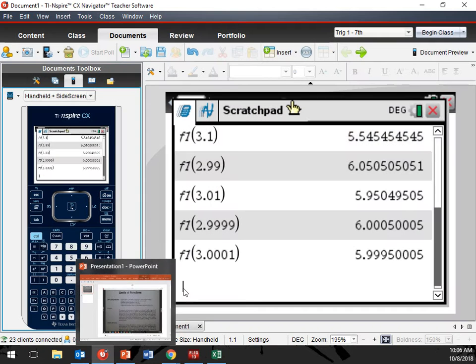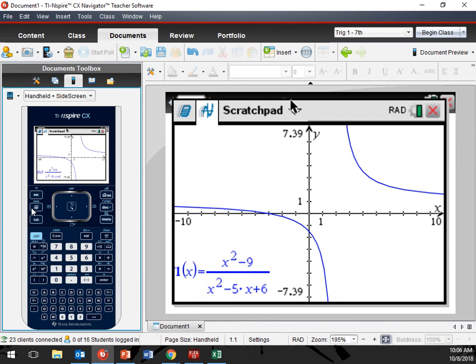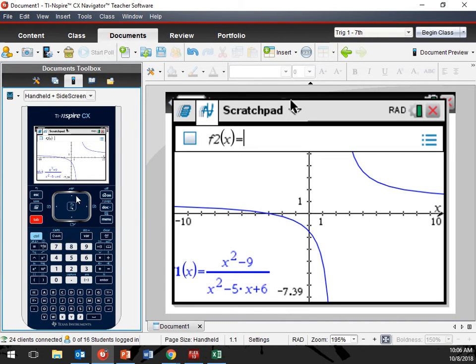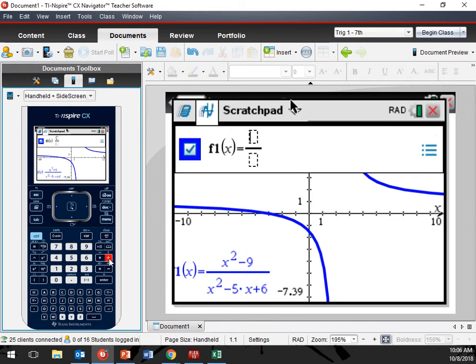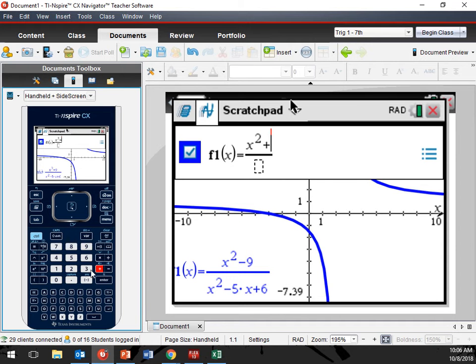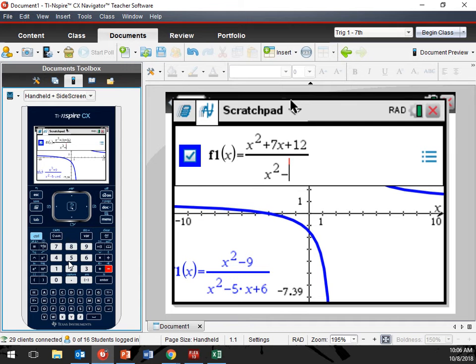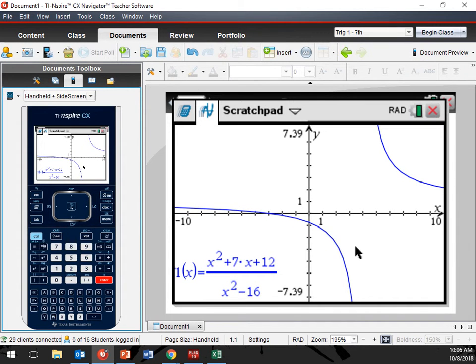It is Control, divide, x squared plus 7x plus 12 over x squared minus 16. All right, so we're looking at our graph. I'll give you guys a second to actually put that in.